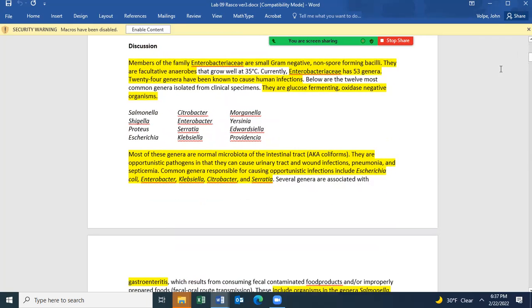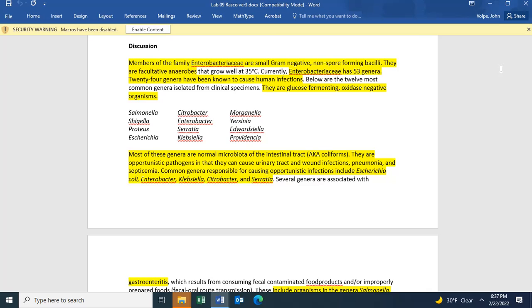All right, members of the family Enterobacteriaceae are very common small gram-negative bacteria. They're non-spore forming bacilli, but they're small bacilli. They're all facultative anaerobes.